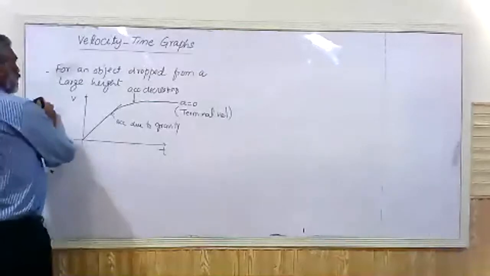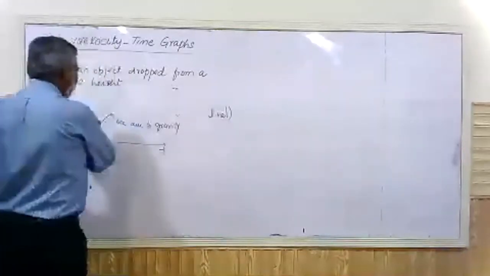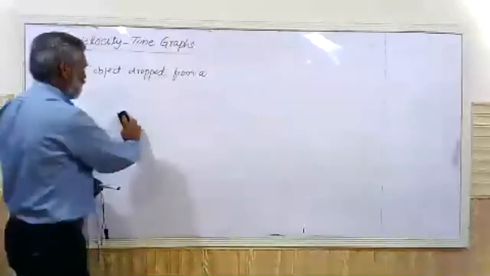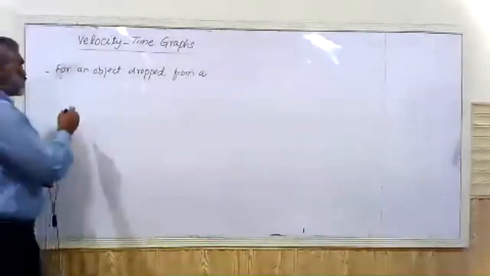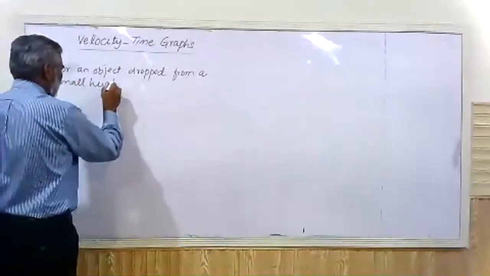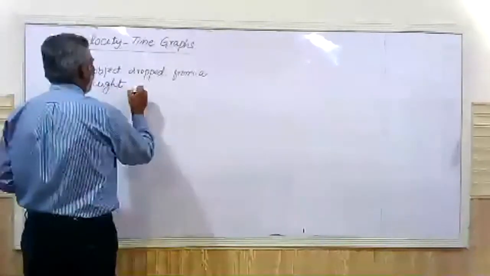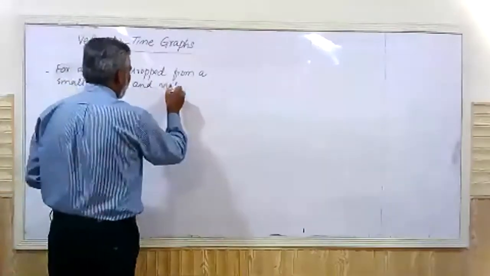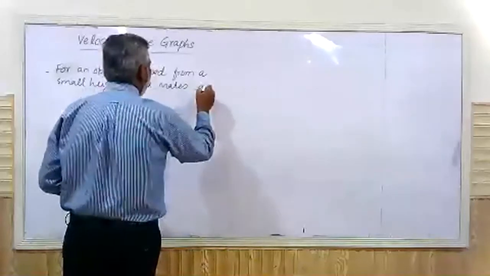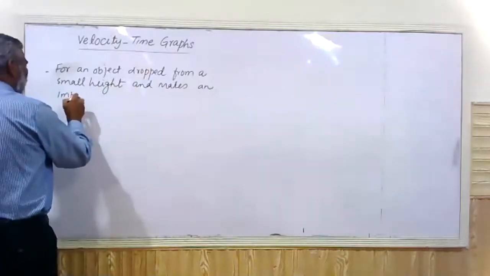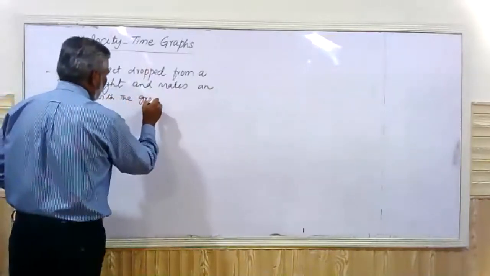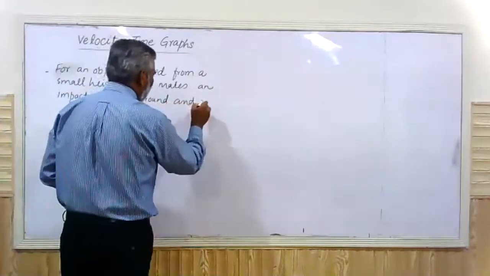Then another situation, for an object dropped from a small height, and it makes an impact with the ground, and rebounds.